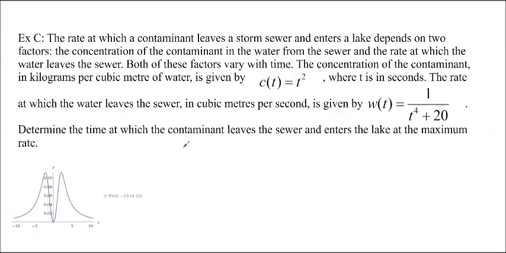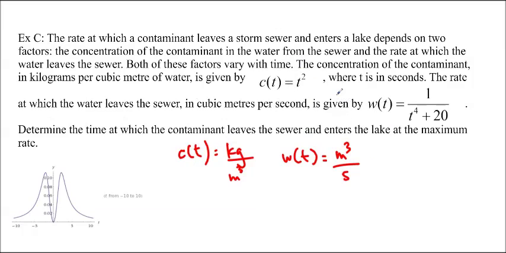Okay, so C of t is given in kilograms per meter cubed, and W of t is given in meters cubed per second. This is actually a really important thing to know, because we're not sure if we should add, subtract or multiply these two terms together.